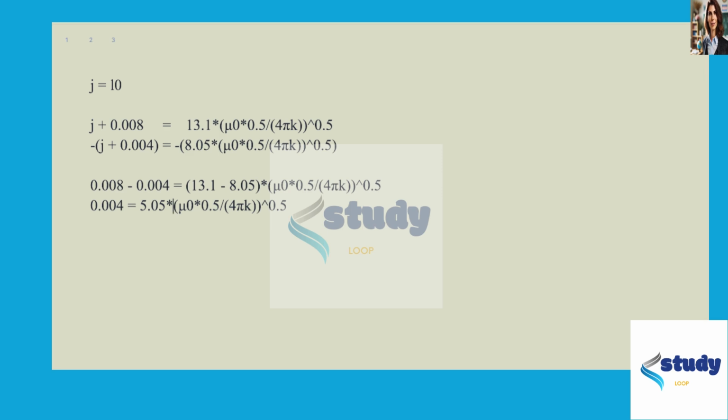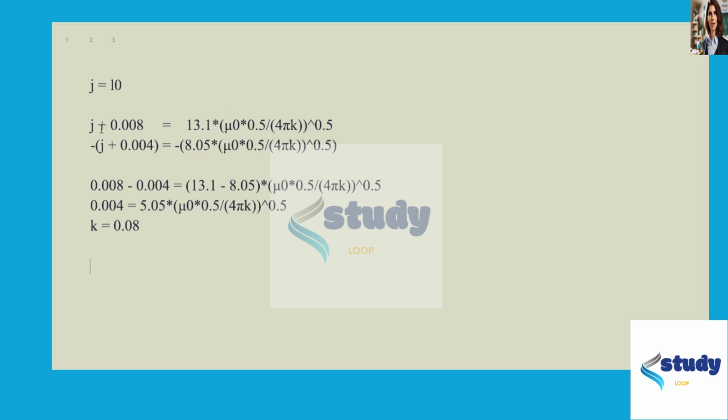And this is the equation that we're going to solve. So this, you can just, mu naught is a constant, so we can just rearrange this, square both sides to get rid of this, multiply by 4 pi k. I'm not going to do out all the algebra, but when you solve this equation, you should get k is equal to 0.08. So that's our spring constant.